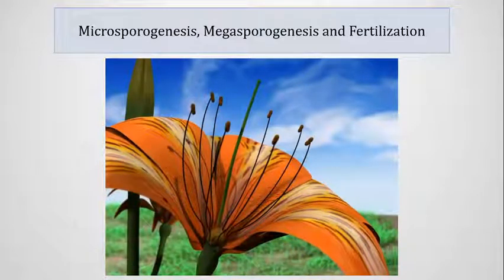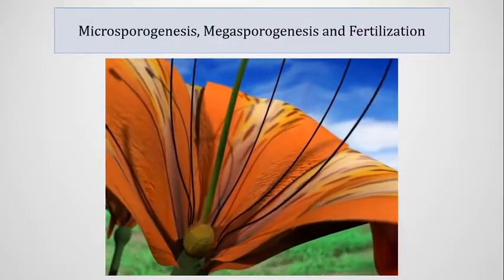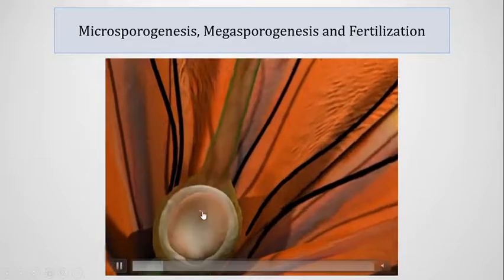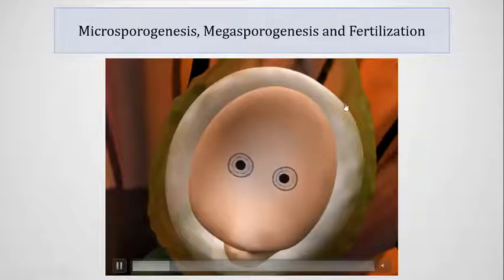So we will first describe the megasporogenesis that takes place inside the ovule. So this white marked boundary part is called the ovule.